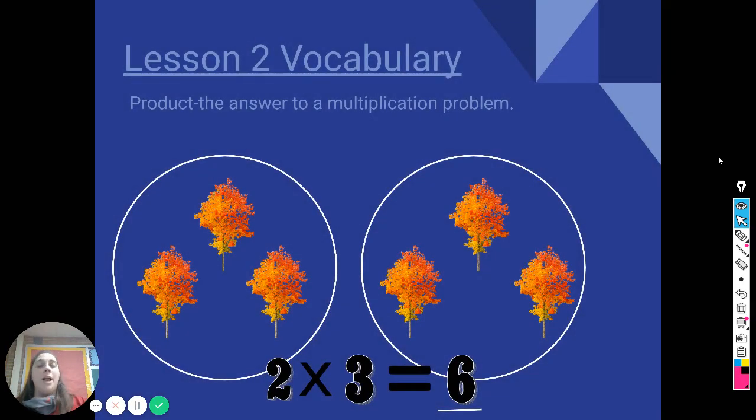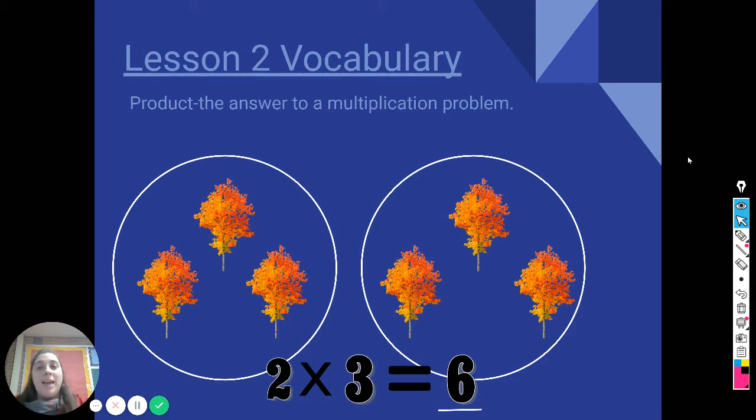Next is product. Product is the answer to a multiplication problem. So in our example here, we had 2 groups of 3 trees. And we said that that gave us 6 trees altogether. So let's look down here at our problem. Remember that we said that the X in multiplication stands for groups of.